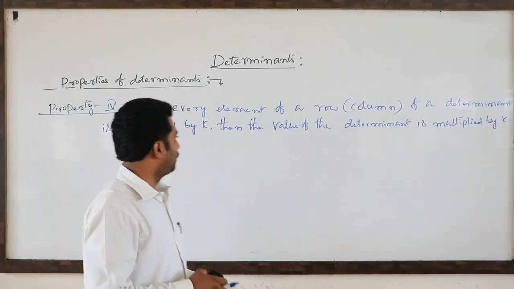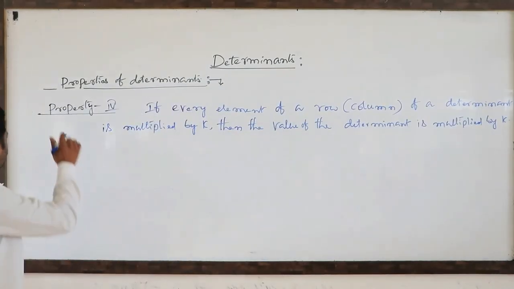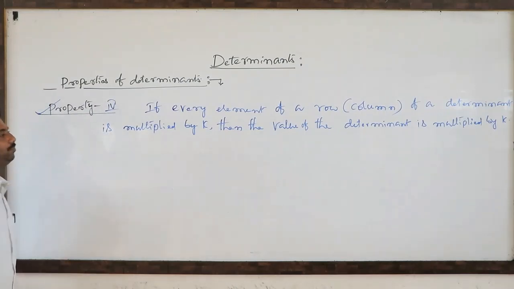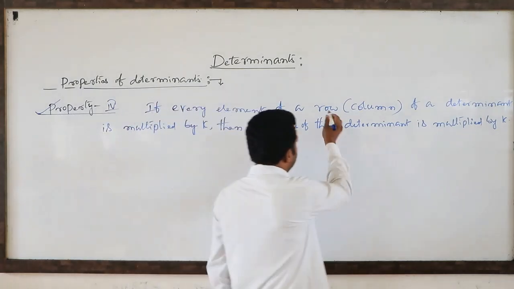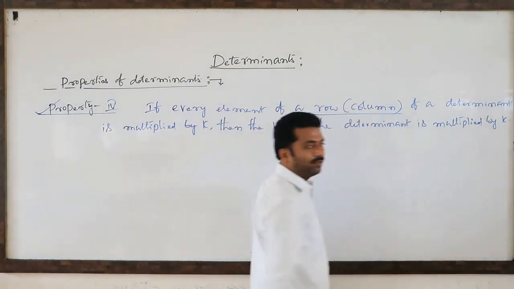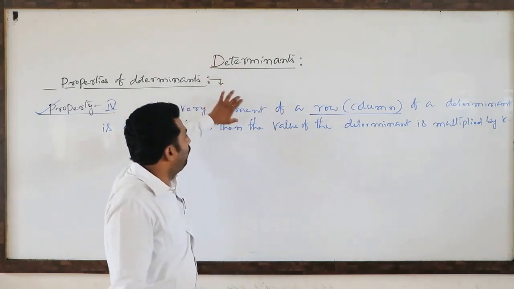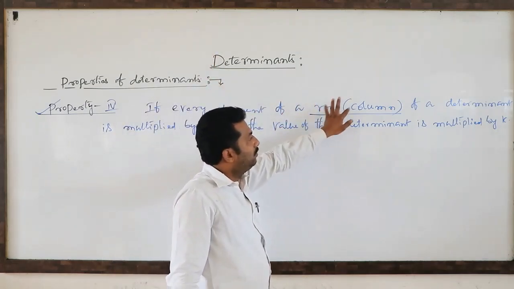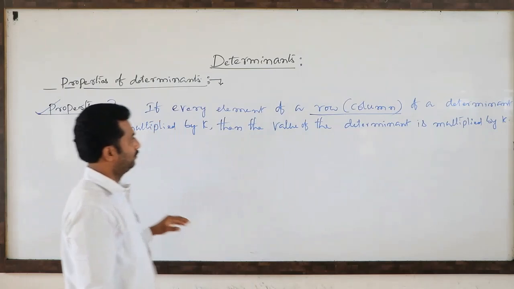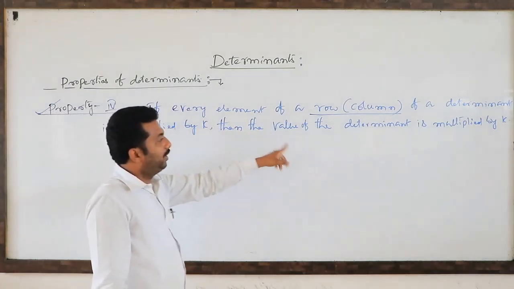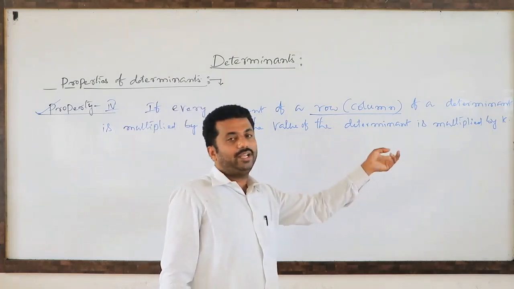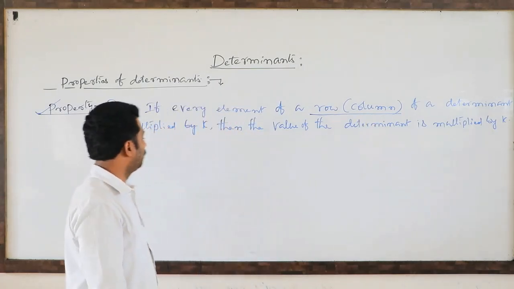Okay. Next, property number 4, observe. This is another important property. If every element of a row or a column of a determinant is multiplied by k, then the value of the determinant is multiplied by k.